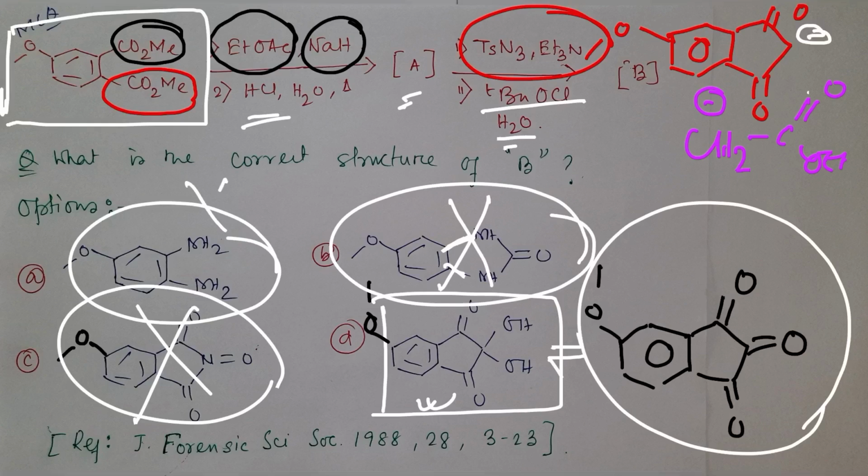Amine is not possible, because how could an amine be obtained from, for example, a diazo compound, maybe by reduction. What reagent have I provided? Oxychloride. It's not a reducing agent, it's an oxidizing agent, so not possible. So what is left? This. Even if you don't know the right answer, your common sense and slight knowledge of chemistry can give you the right answer. Okay, so in this way you can get the right answer.